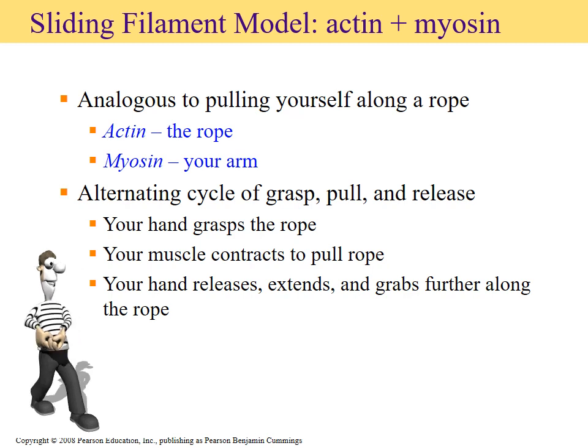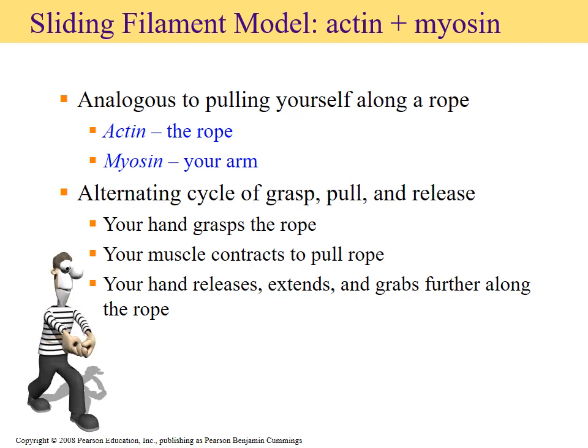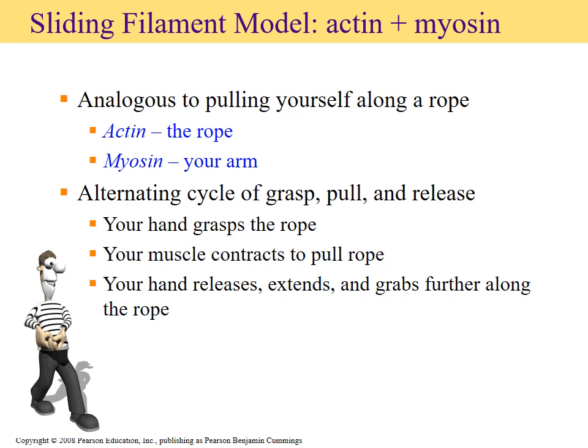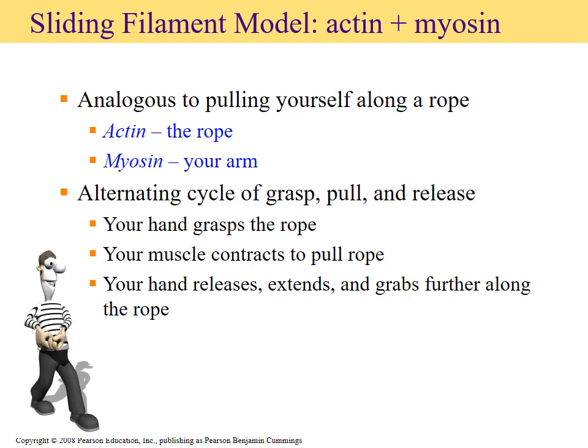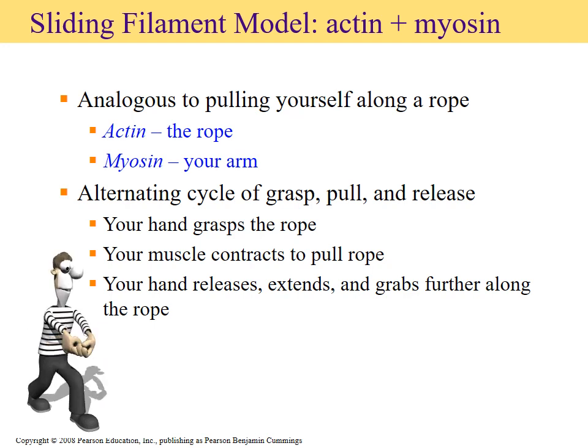So it sounds a little silly, but on the slide, I have my little mime right there, and he is motioning that he's grabbing a rope and he's tugging at it and he's releasing it. But in a little bit, when we talk about the sliding filament theory, I want you to keep that motion in mind. The microfilament, the one that's made of actin, will serve as your rope, where the myosin, your power protein, will represent your arms.